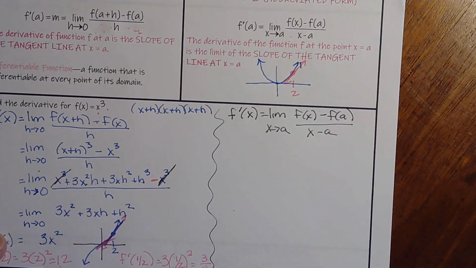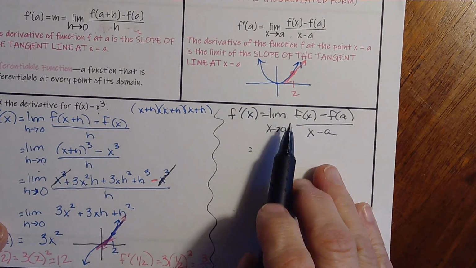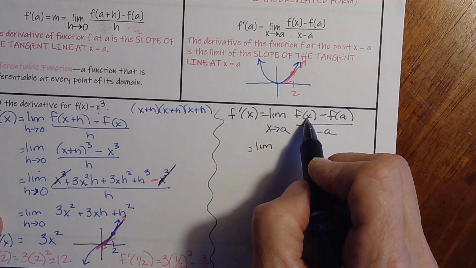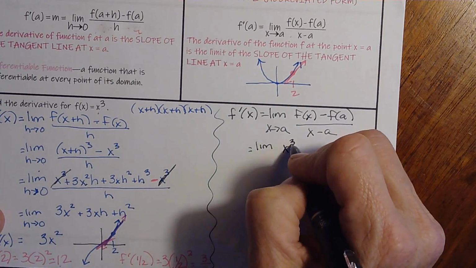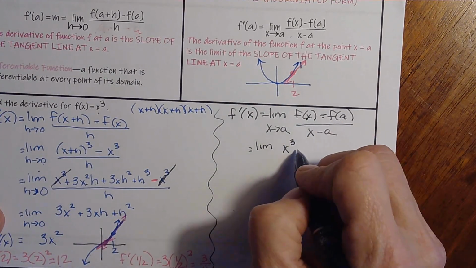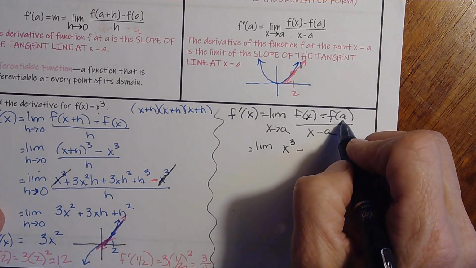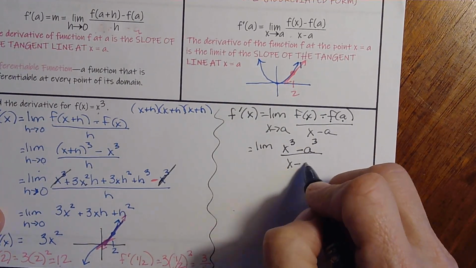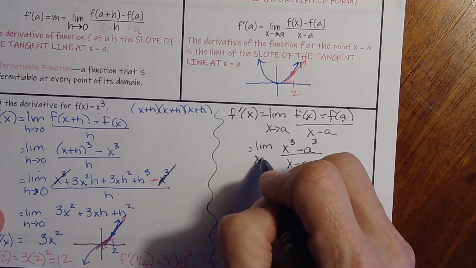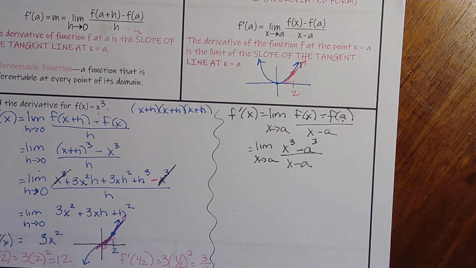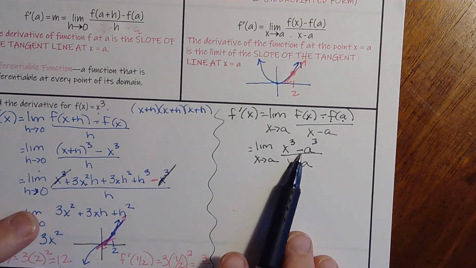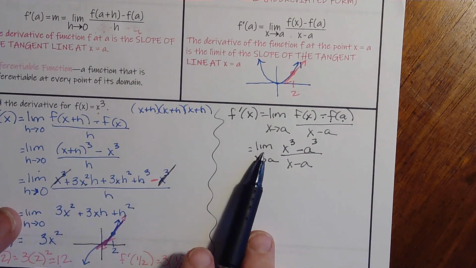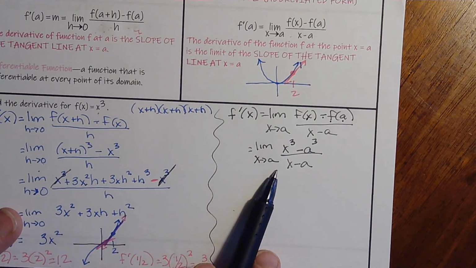So this is going to have us take our function, which is x cubed, subtract the function evaluated at a, which will give me a cubed, and divide that by x minus a as x approaches a. So here we've got x cubed minus a cubed over x minus a, and we want to find the limit of that function as x approaches a.